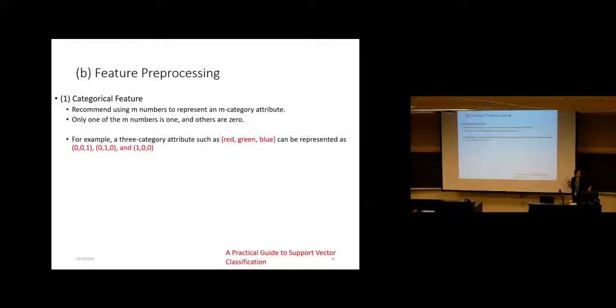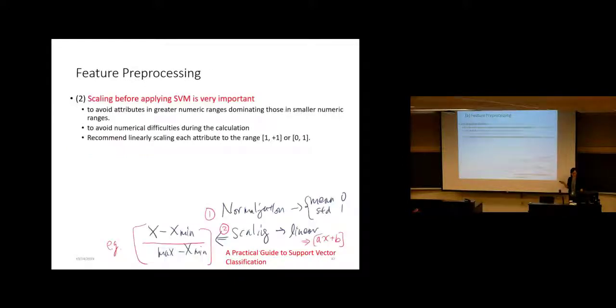No. So if you have a discrete feature with three different possibilities, you're going to use a vector of size 3. If it's red, it's 0, 0, 1. Only one of the entries is 1, and all the other entries are 0. This is called basis vector-based representation for categorical features.